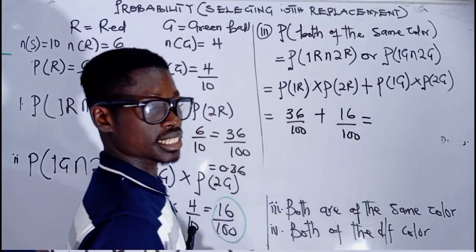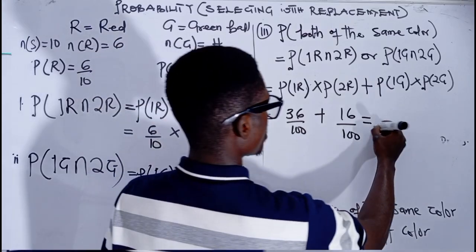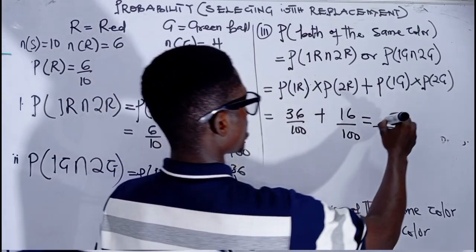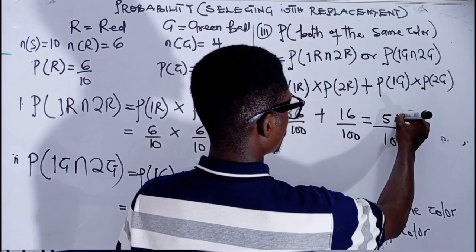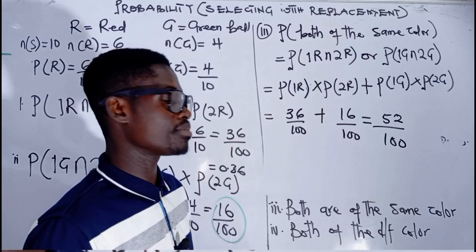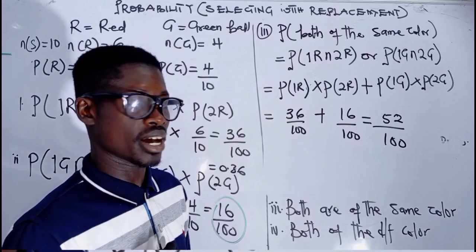Now this is just addition. Since the denominators are the same, we are going to pick one. Then we add the numerators, so we have 52. So the probability that both are the same color is 52 out of 100.